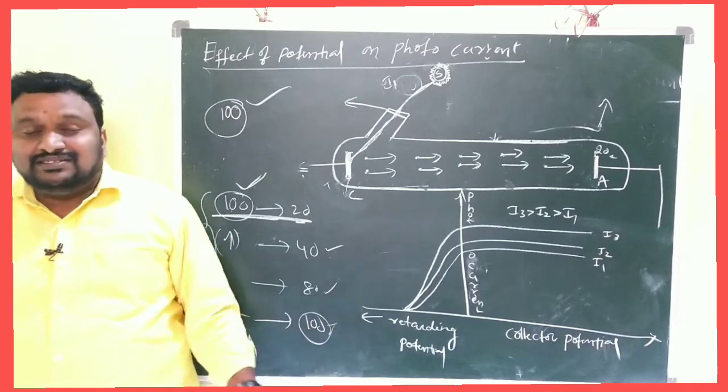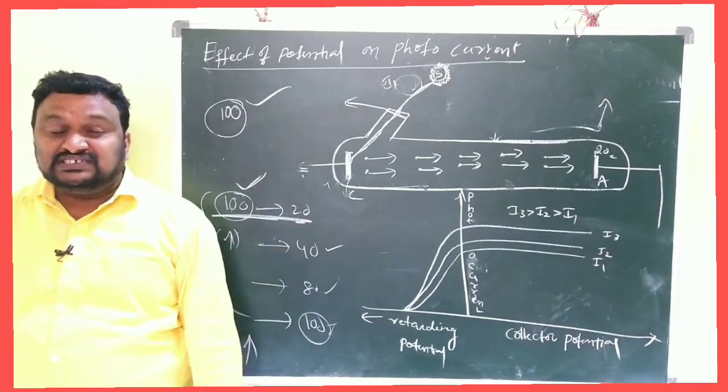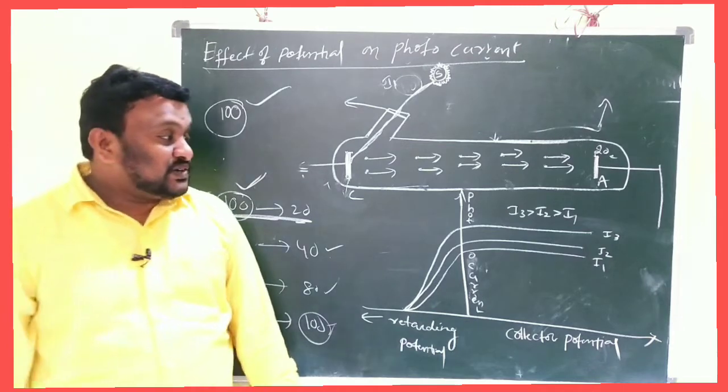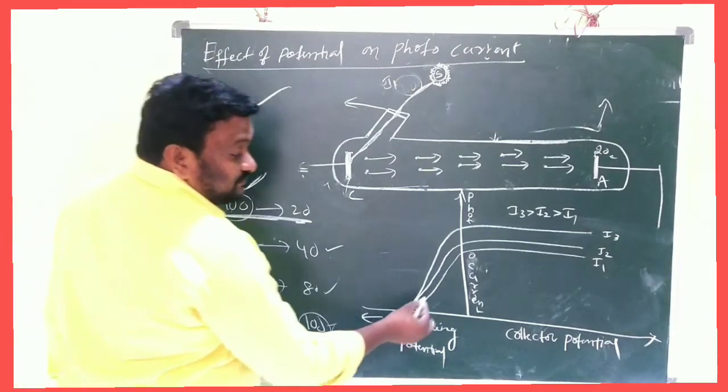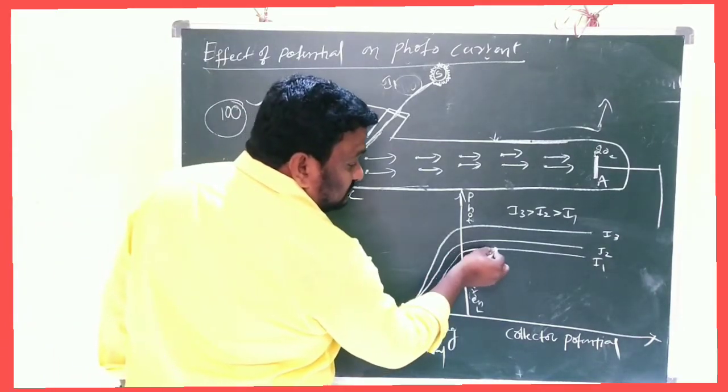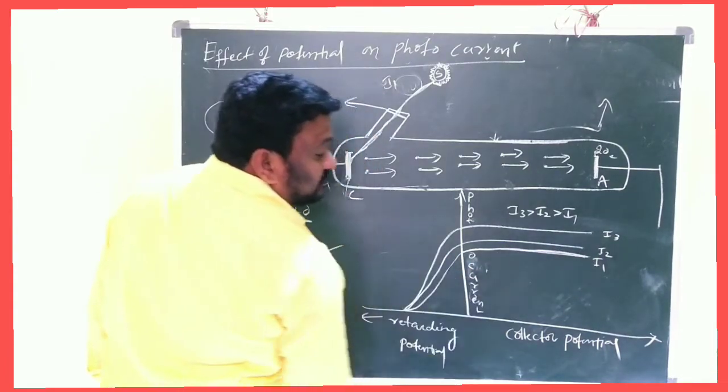At that moment, the current is maximum. That current is called the saturation current. Like this, this is the saturated current.